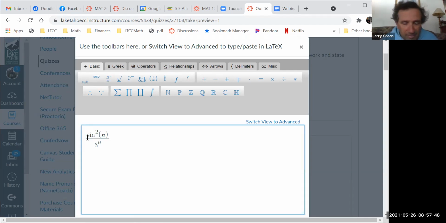So that's kind of easy. And also, it's less than 1 over 3 to the n, because the sine squared of n is never bigger than 1.